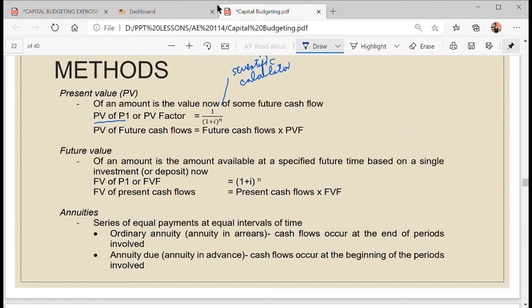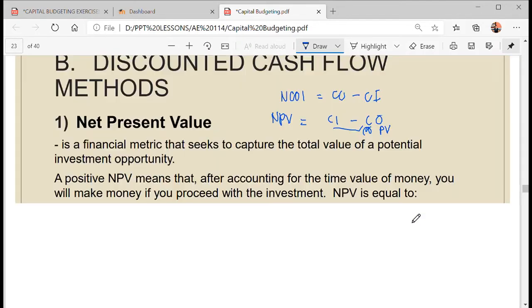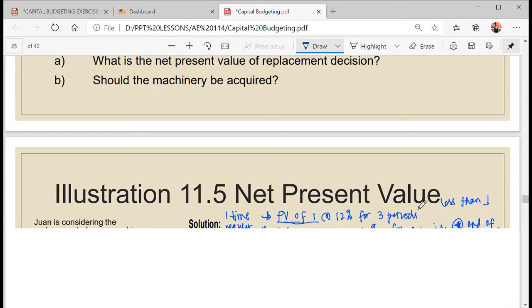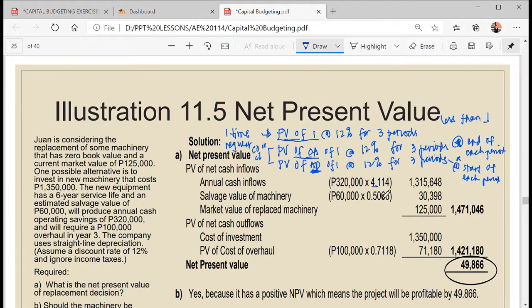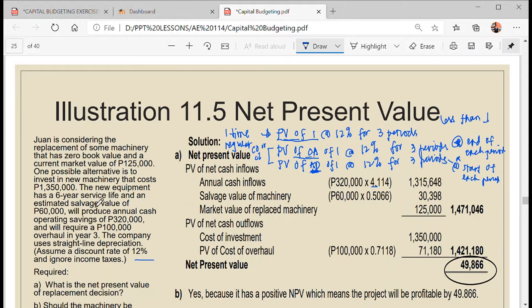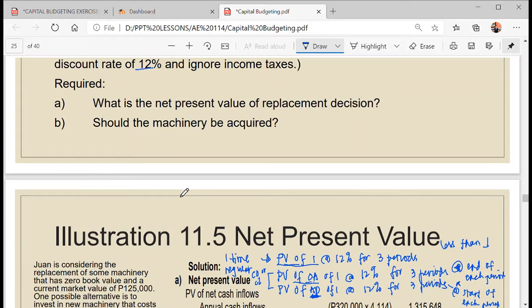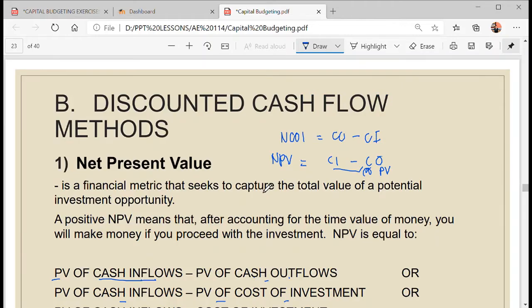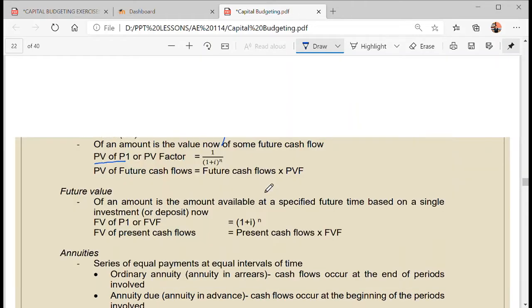So for example, gamiton na to tong problem here. Okay, so kani siya 4.114, this is 12 years. And then, new 6-year life, overhaul 6 years. Salvage value. Okay, so 6 years ni siya. So, for example, atong computon ha, for 6 years.